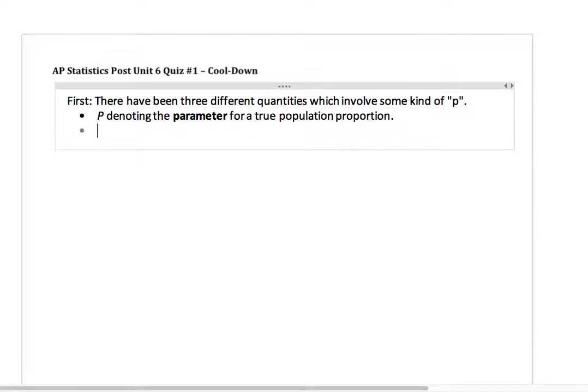Of course, we also have P-hat. You guys know the symbol for that, right? I guess we could write it the right way, but we'll just leave it for now. So P-hat denotes or stands for the statistic which comes from our sample in our observational study or our experiment, something that we measure.